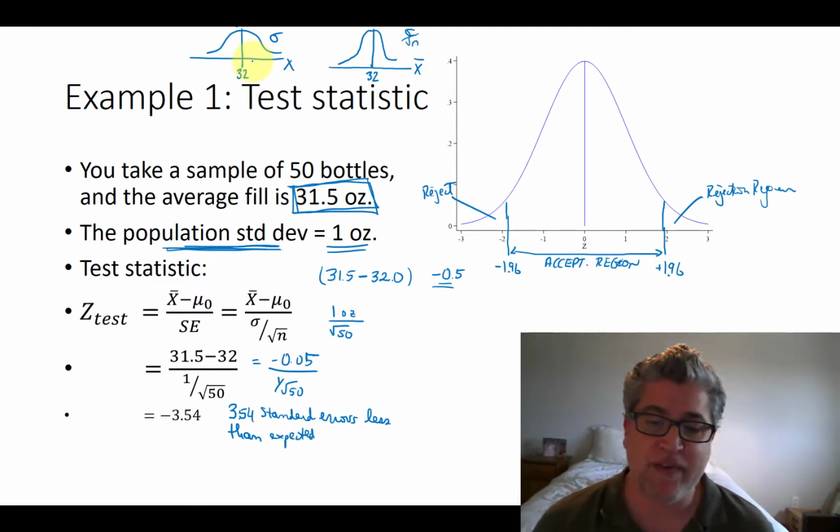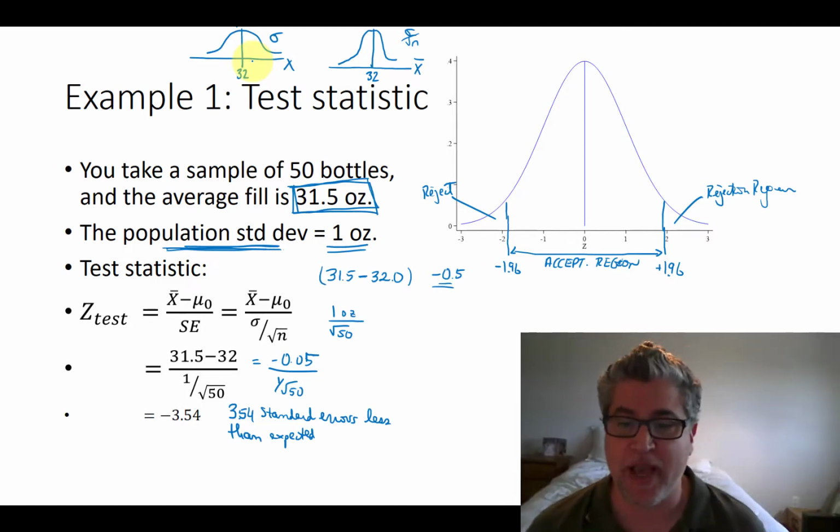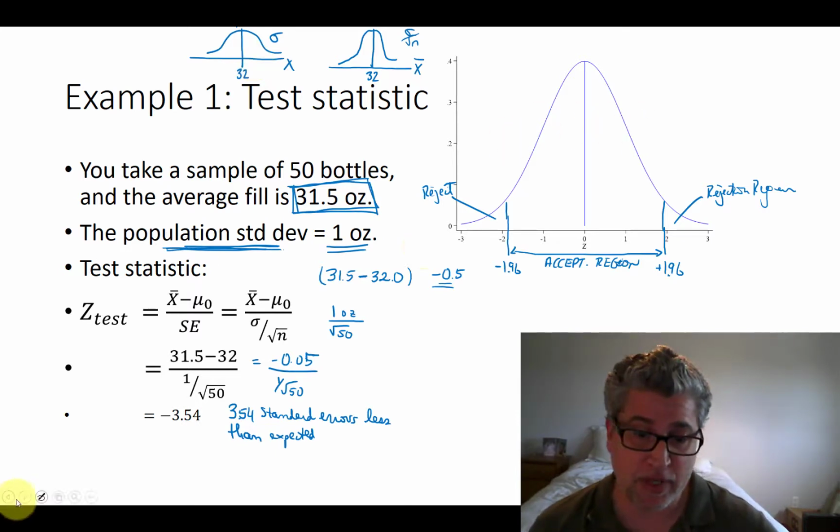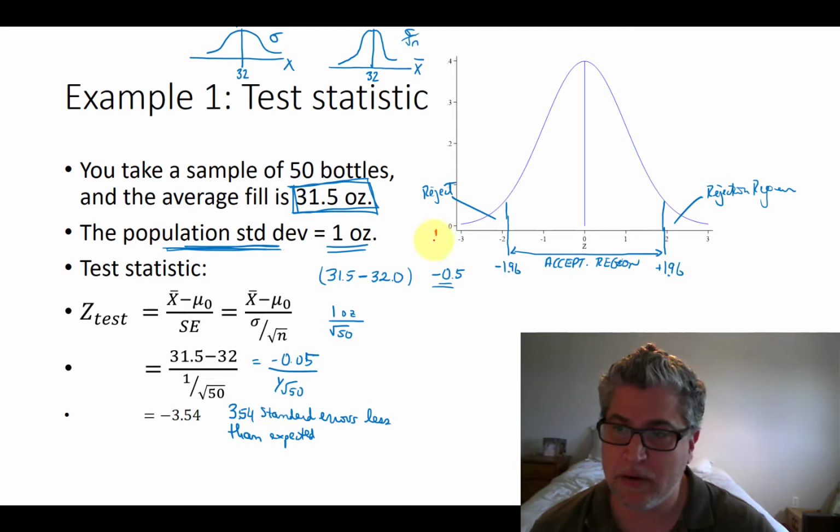Now 3.54 standard deviations away from the average is a long way away from the average. As a matter of fact, on this graph here, 3.54 doesn't even show up. It's so far to the tails. 3 is here. Negative 3.5 is somewhere out here. Man, that's off into the tails.